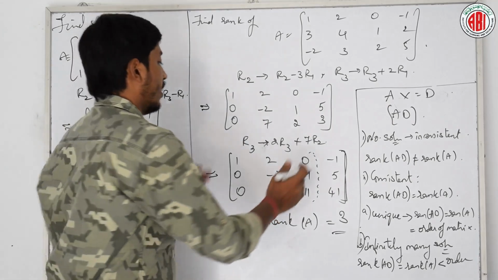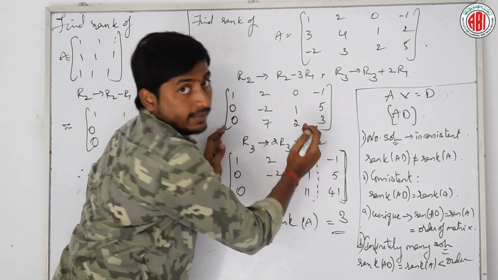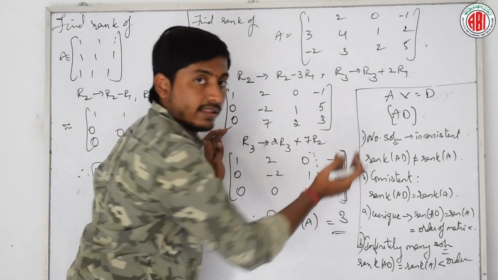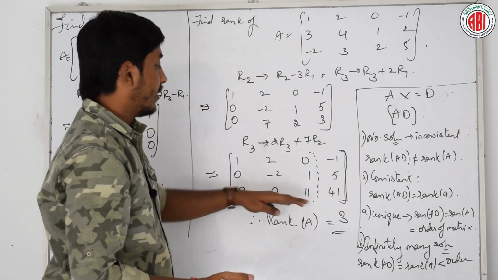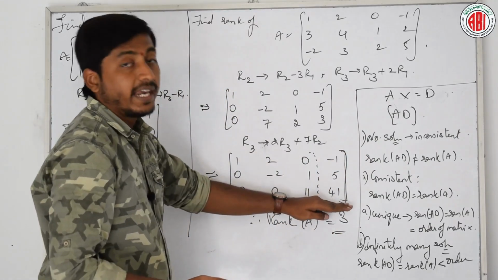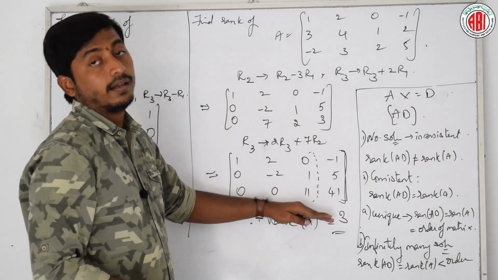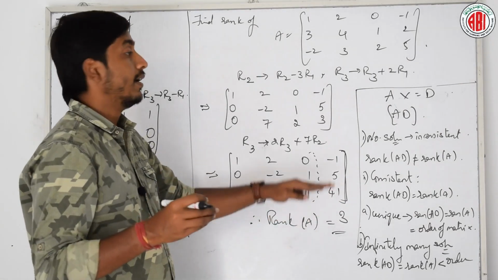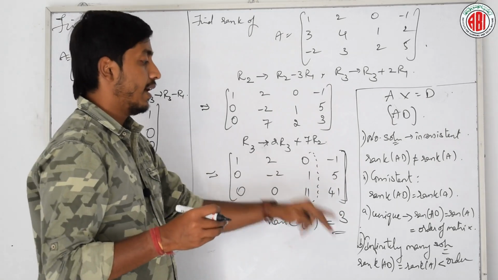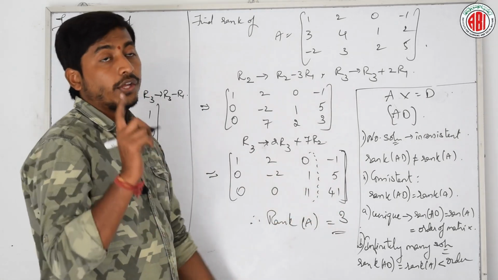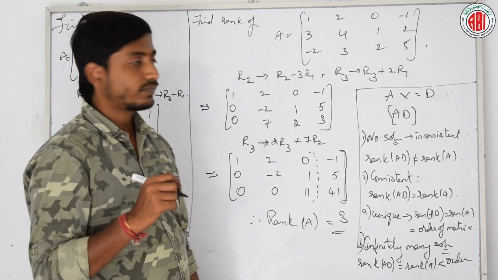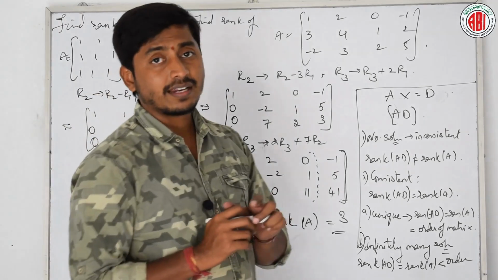Now check what is the rank of this? 3. Then what is the rank of this? This is also 3. Therefore, the rank of A is equal to rank of AD, which is equal to 3. Then it is a consistent system and it will have a unique solution. Is it right? Did you understand?